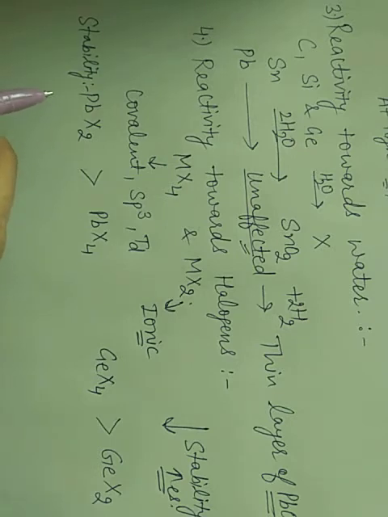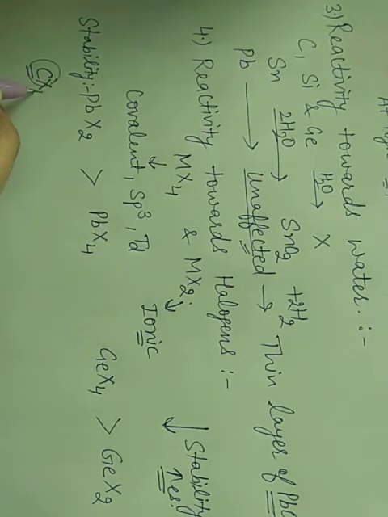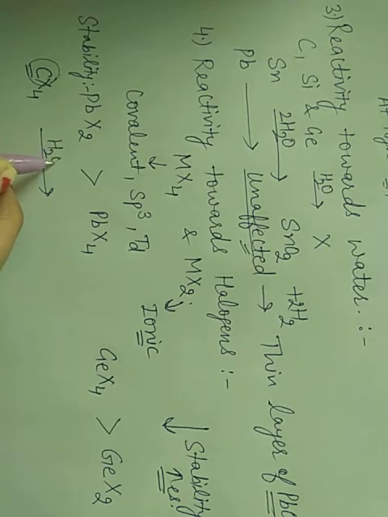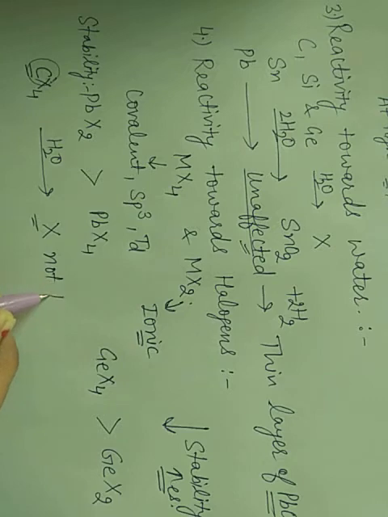Now, in case of carbon, tetrahalides of carbon are not hydrolyzed by water. Suppose this is CX4, it reacts with water, so it does not hydrolyze. What is the reason behind this?